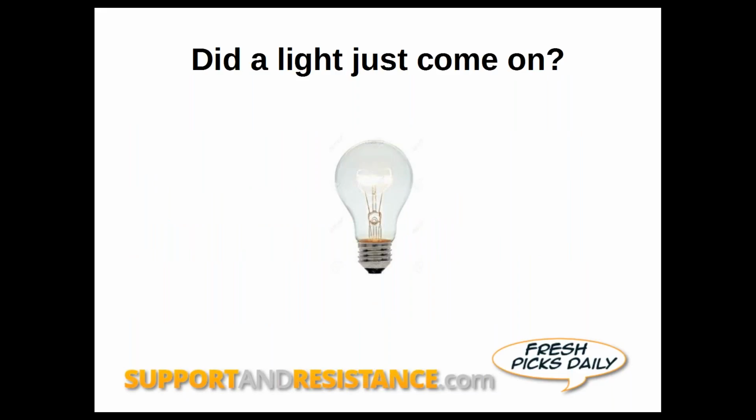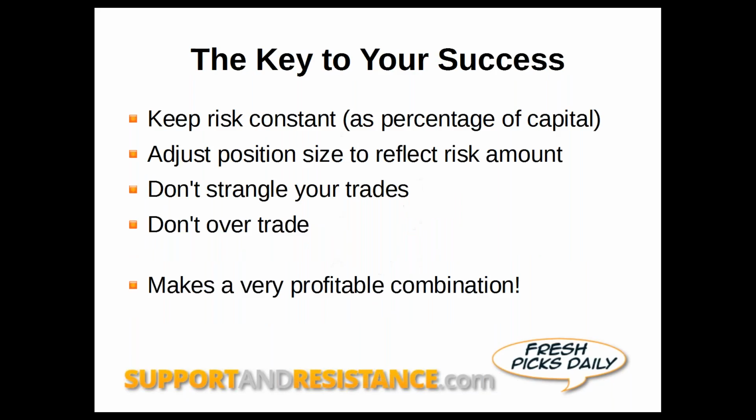Did the light just come on? It's a very, very important concept. One that most traders never get their heads wrapped around. If you keep your risk constant as a percentage of your capital, you will never lose more than you can afford, and you will also maximize your earnings.